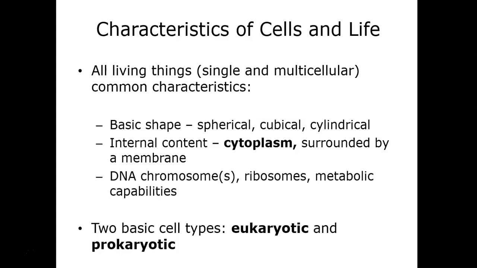And this cytoplasm is all kept together by an external membrane. So there's a membrane that surrounds that cytoplasm, usually comprised of a material called phospholipids. So these phospholipids have properties to them that part of the molecule, the head of the molecule, is water loving. We call that hydrophilic.